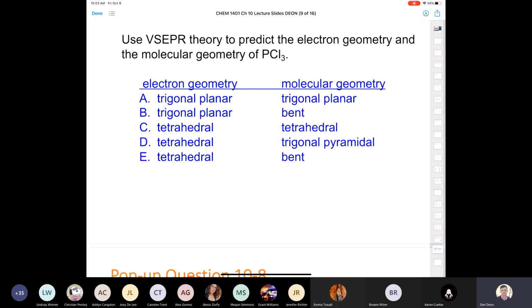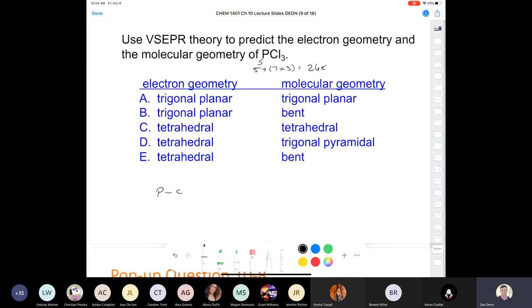Oh, Jamil's got an answer. Jamil says D. You know what, Jamil? I'm just going to go with your answer. So phosphorus trichloride. Phosphorus has 5 valence electrons. Chlorine has 7, and there are 3 of those. 21 plus 5 is 26 electrons.